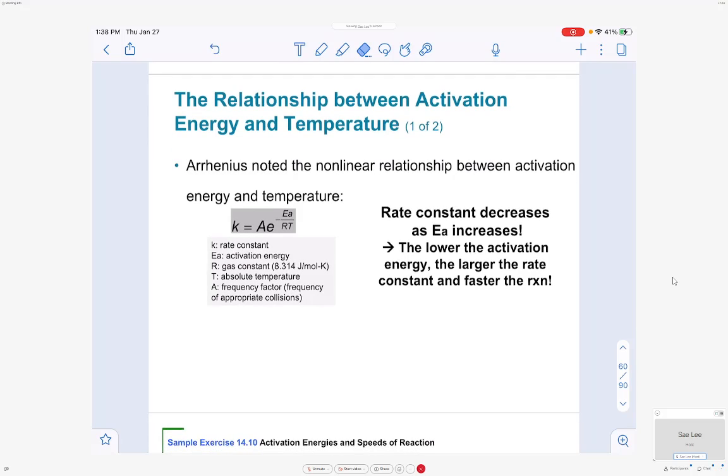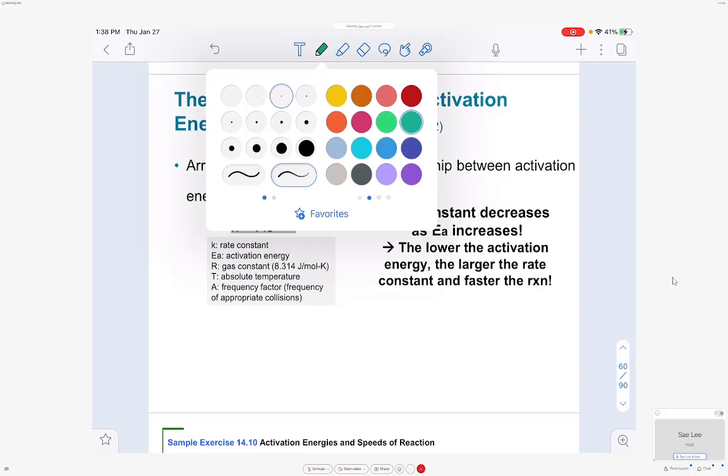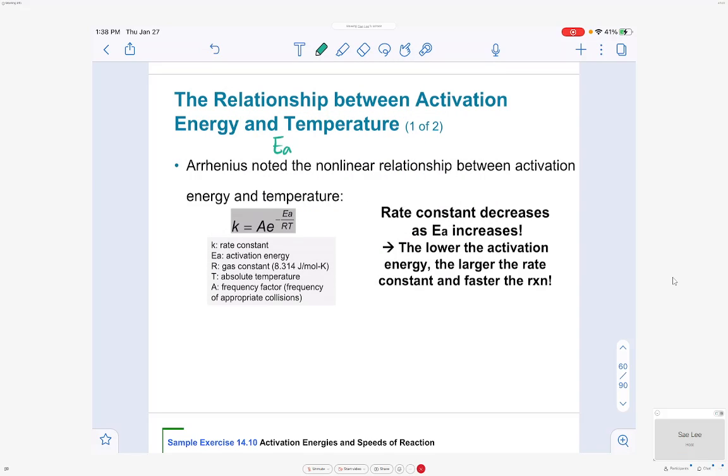And here is an equation describing the relationship between activation energy and temperature. Arrhenius came up with this equation, so it's called the Arrhenius equation.